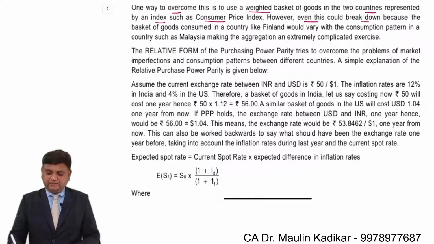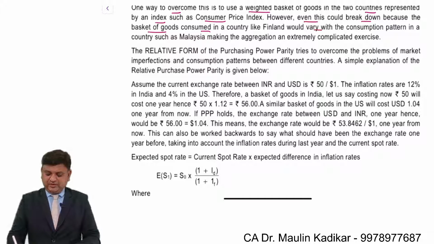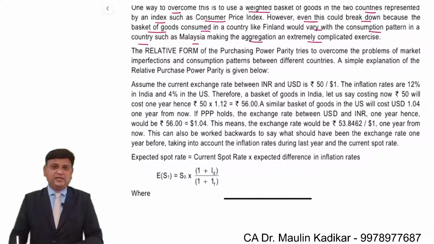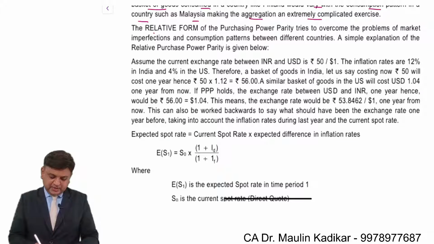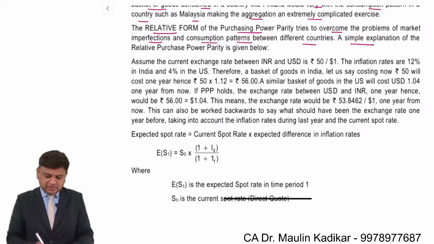However, even this could break down because the basket of goods consumed in a country like Finland would vary with the consumption pattern in a country such as Malaysia, making the aggregation an extremely complicated exercise. The relative form of PPP tries to overcome the problem of market imperfection and consumption pattern between different countries. A simple explanation of the relative purchasing power is given below.